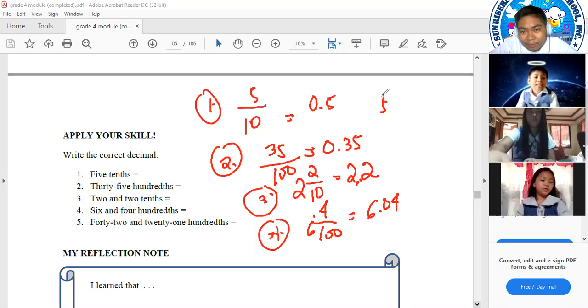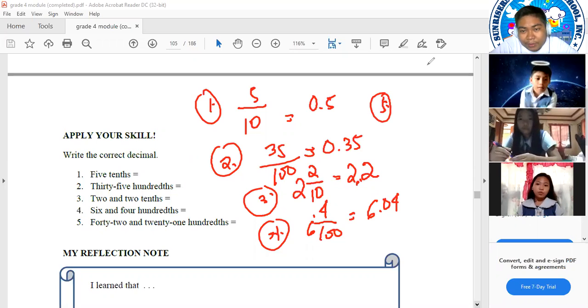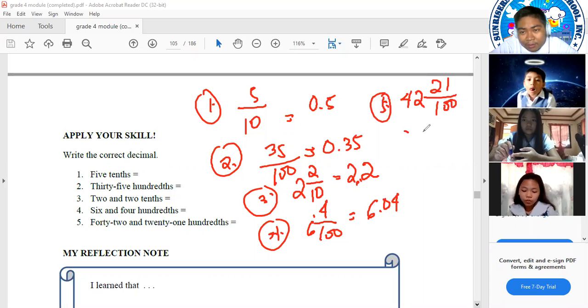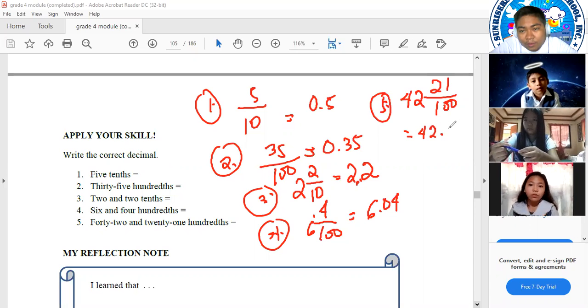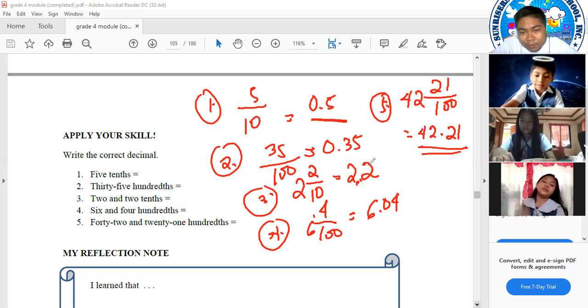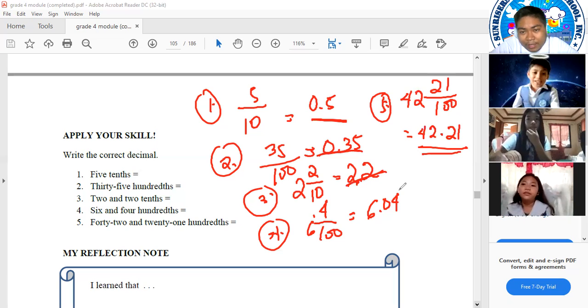How about number 5? We have 42 and 21 hundredths. Therefore, the decimal form would be 42.21. Kuha? Yes po, sir. So that is our decimal.